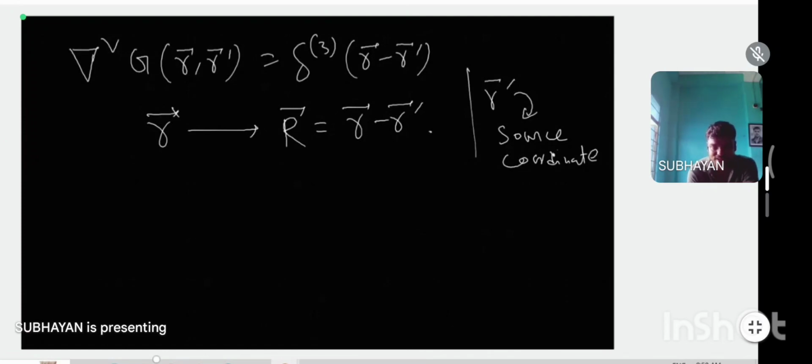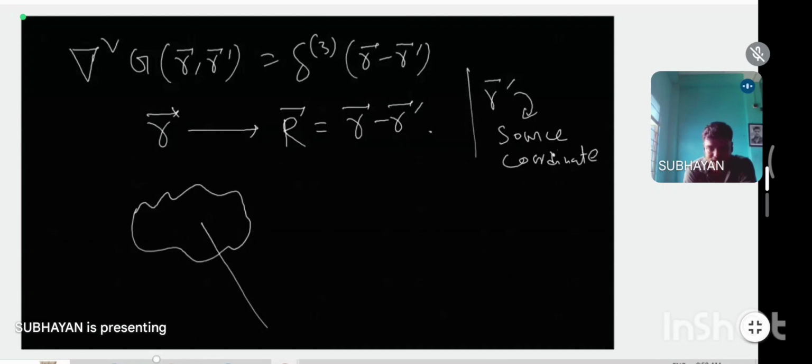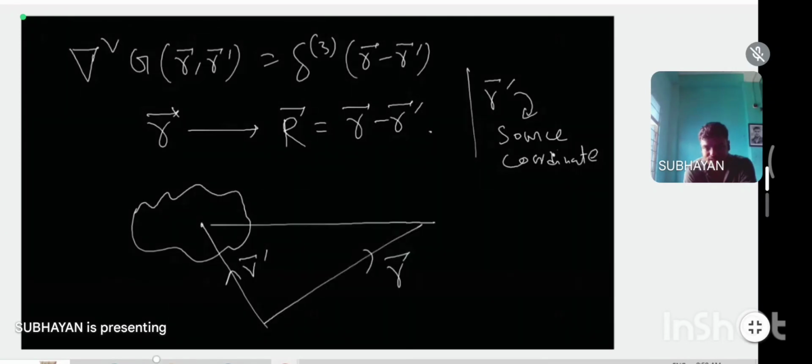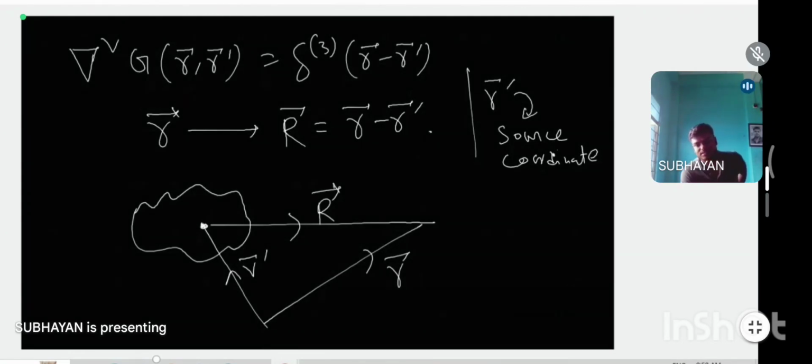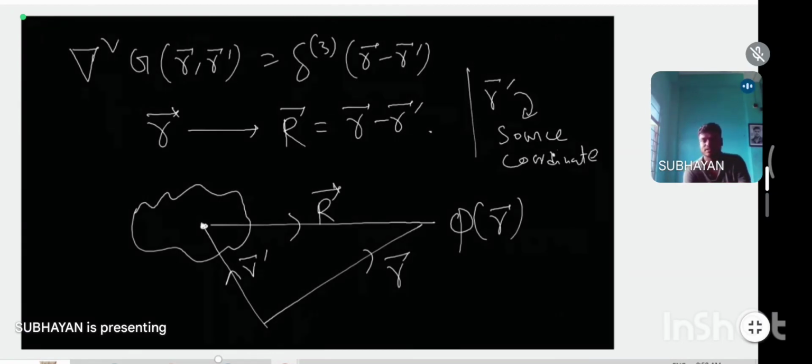Suppose this is the source point r prime, and the effect is here at r. So here the source is situated, and due to the source, there you will find the effect. And this delta r minus r prime will actually communicate between the source and the test point, or basically the Green function.